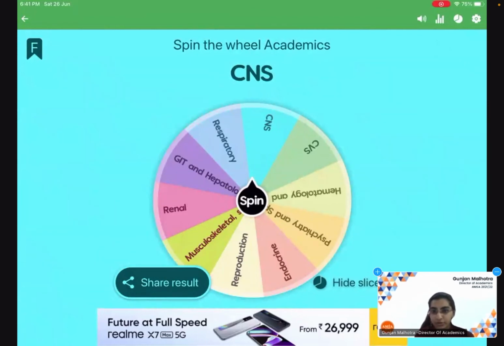Central nervous system, neurology. Okay, let's see. Which of the following is a peripheral decarboxylase inhibitor: benserazide, benztropine, tetrabenazine, trihexyphenidyl?